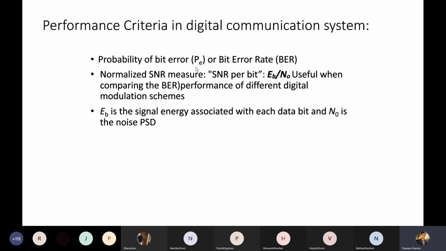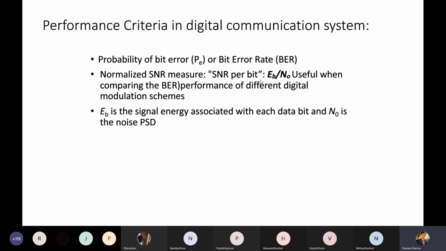Now, what are the different performance criteria in any digital communication system? How do you qualify or quantify the performance of your digital system? So as I mentioned, probability of bit error, PE, or bit error rate. It is also popularly known as BER. Then you have normalized signal to noise ratio measurement. Signal to noise ratio is actually signal to noise ratio per bit.